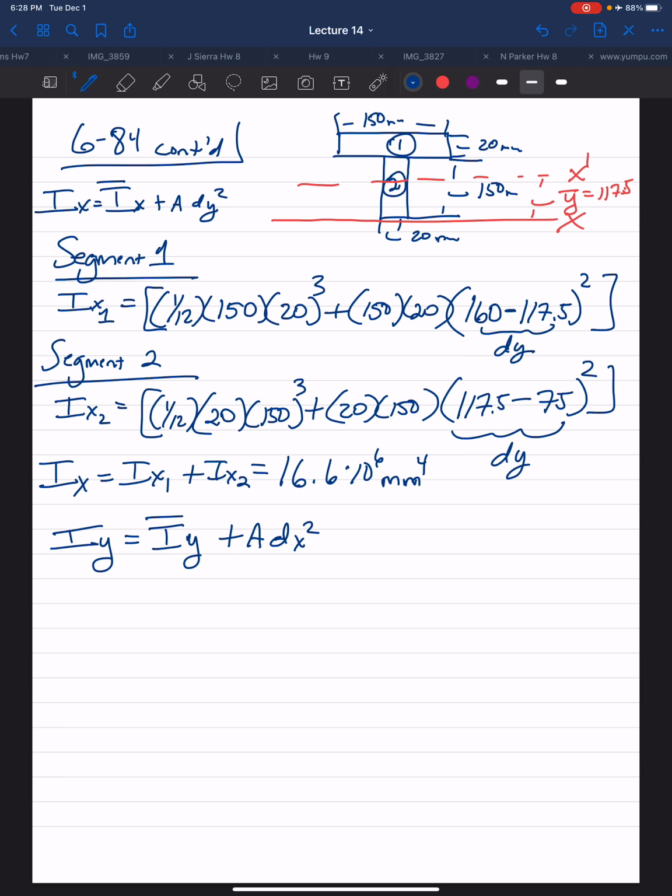Now by inspection, we said that's our x-axis. This is our y-axis, right? You can see that the centroid of our composite, the way it's set symmetrically, is the same as the centroid of each of the individual segments 1 and 2 due to symmetry. The centroid of the composite and the centroid of segment 1 and segment 2 coincide. So let's say that in writing.